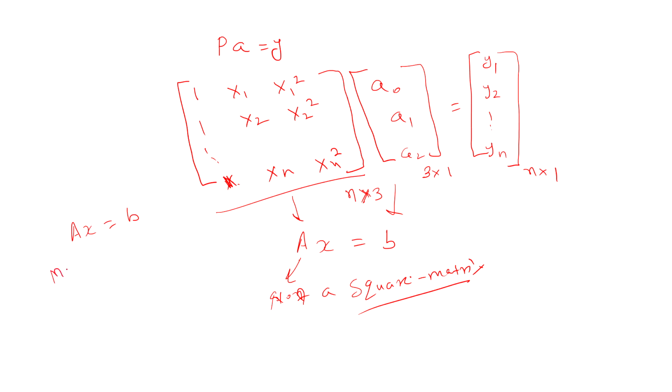Now multiply both sides with A transpose. Now if I do that, A transpose A X is equal to A transpose B. Now this matrix becomes a square matrix.